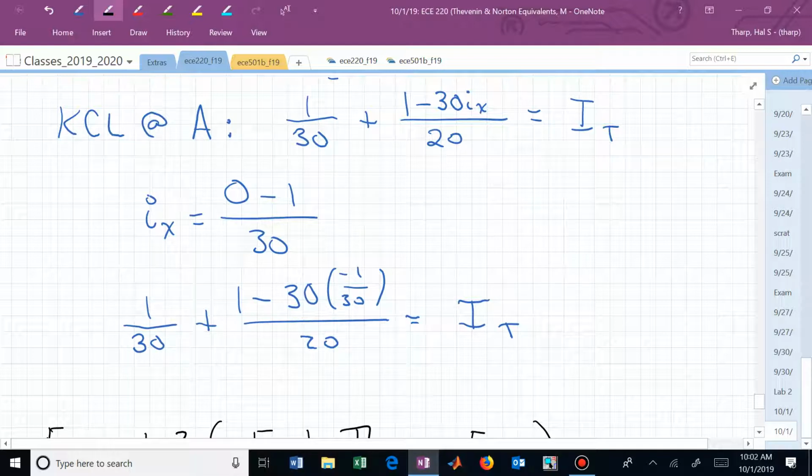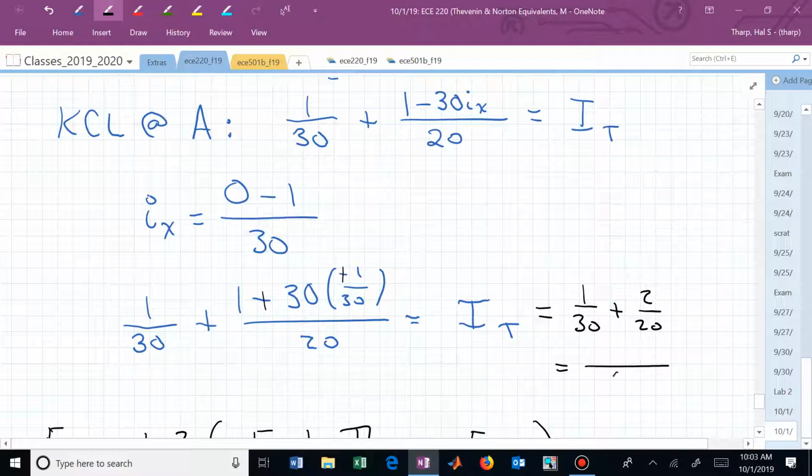This now gives me 2 over 20 plus 1 over 30. If I get a common denominator of 60, that gives 8 over 60, or 2 over 15, for I sub t.